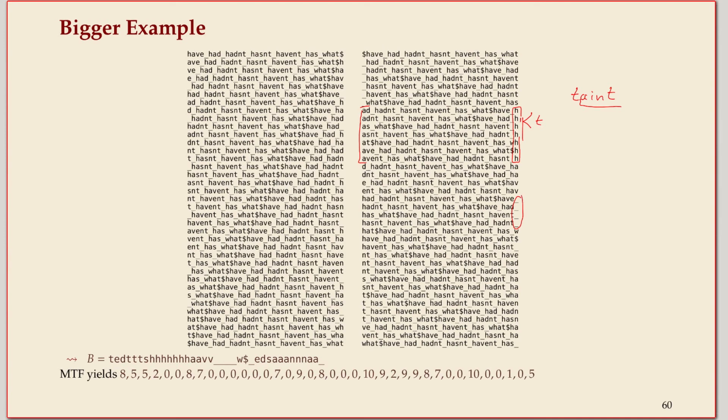Just what I wanted to show on this bigger example also is, here's the BWT again, and if you apply the move to front heuristic, you get this sequence of numbers. Now this looks long, but it's actually good. It's actually very compressible, because on one hand we see lots of runs of zeros. Those are the original runs in the BWT.